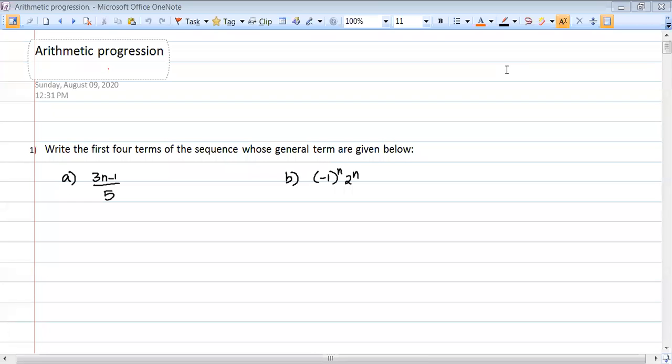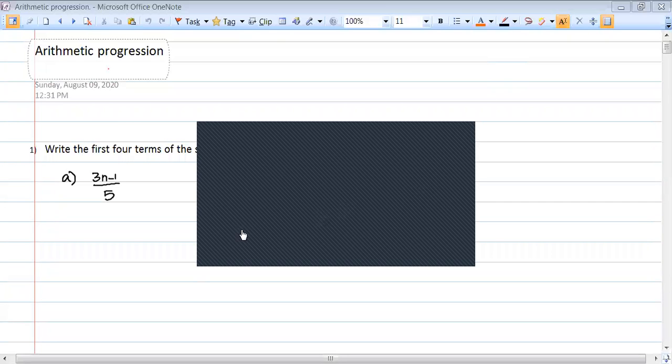Write the first 4 terms of the sequence whose general terms are given below. Start to find out the answer.